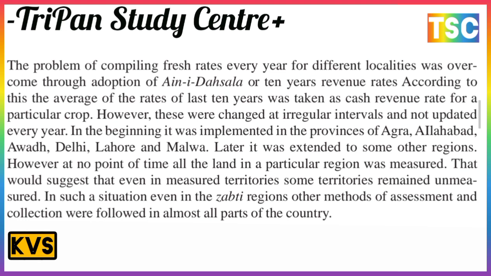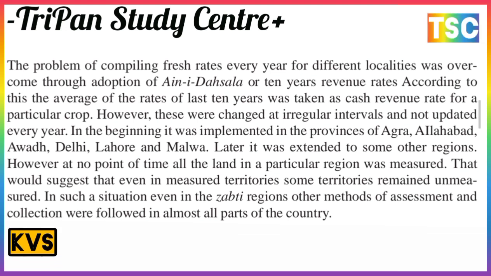However, this was changed at regular intervals and not updated every year. In the beginning, it was implemented in the provinces of Agra, Allahabad, Awadh, Delhi, Lahore and Malwa. Later, it was extended to some other regions.